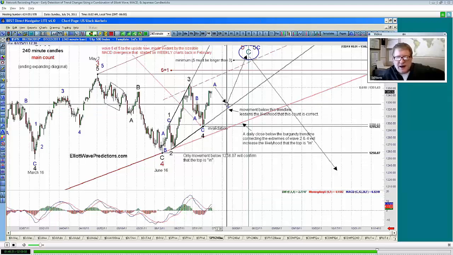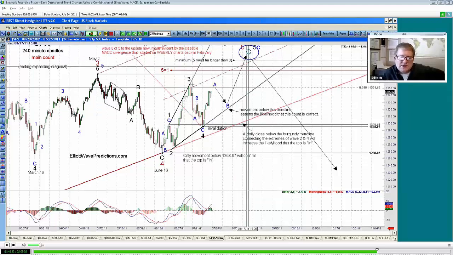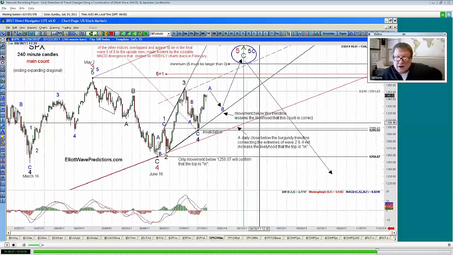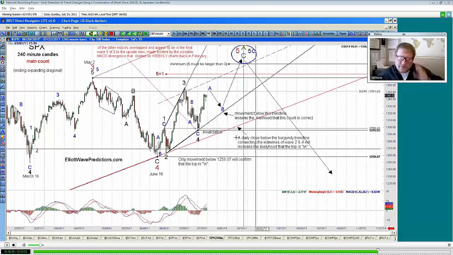And I'm expecting an A, B, C to end this move and, frankly, this bull market fairly quickly here.